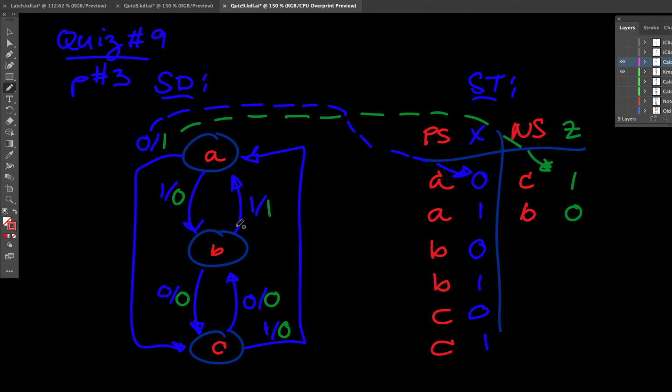The next thing I'm going to do is fill out the case for when I have a B and input of 0. Here's B with an input of 0. So B with a 0 goes to C, outputs a 0. All right. So hopefully you understood how I did that. This is a question that often appears on the second exam.